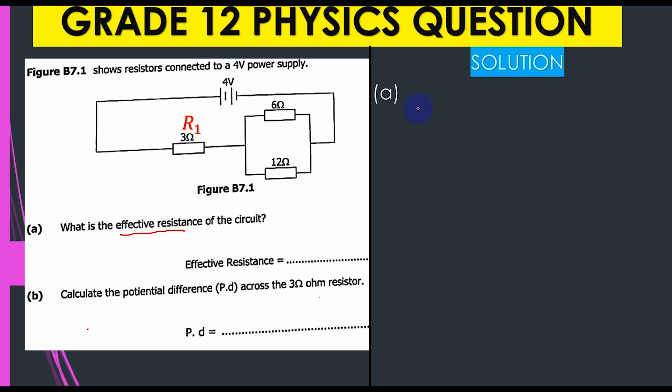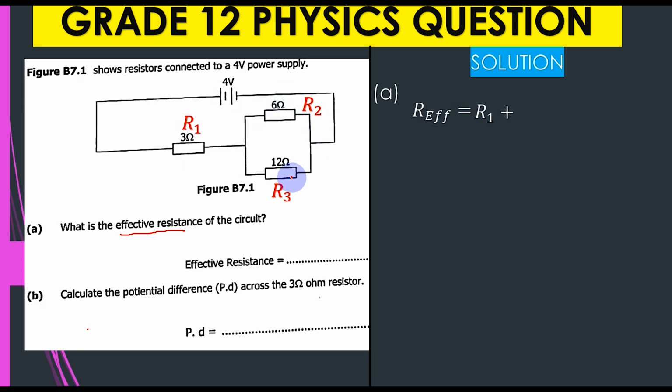First of all we name them: R1 for 3, then the 6 will become R2, the 12 R3. The effective resistance in this case will be R1 plus, and now here is a tip.